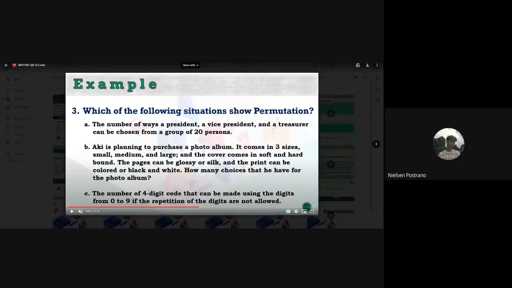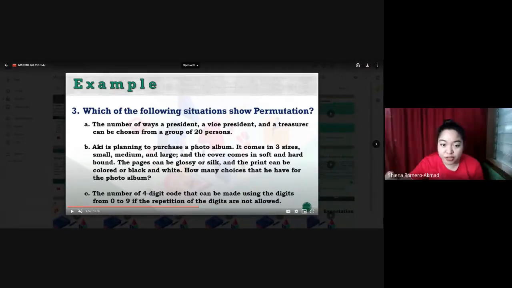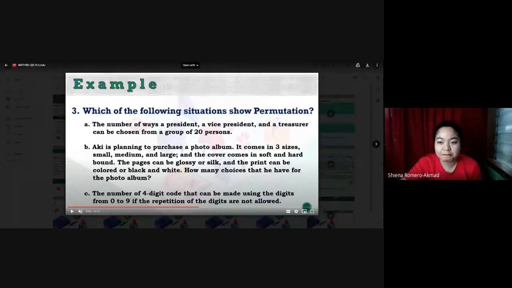Letter C, because of the arrangement of numbers. And remember, it's an arrangement of code.